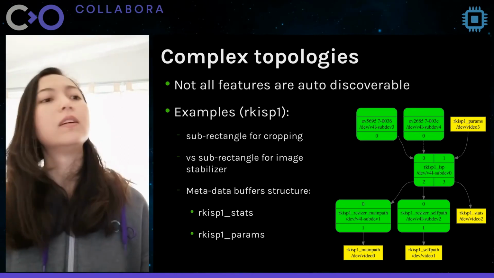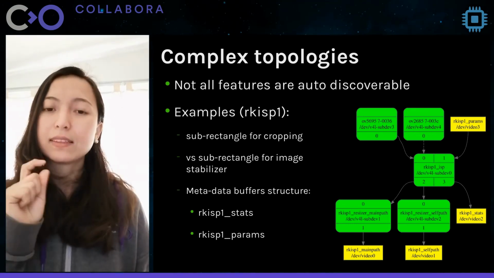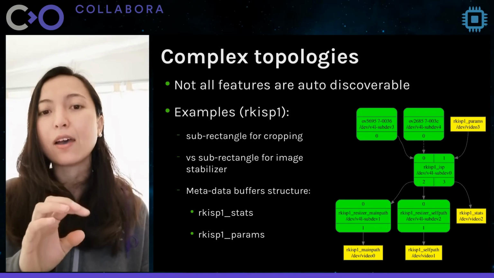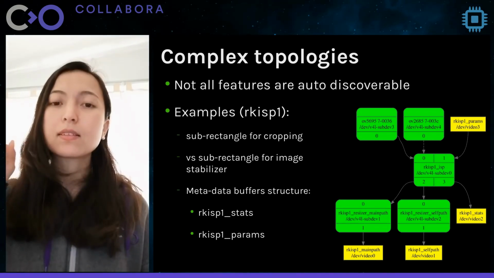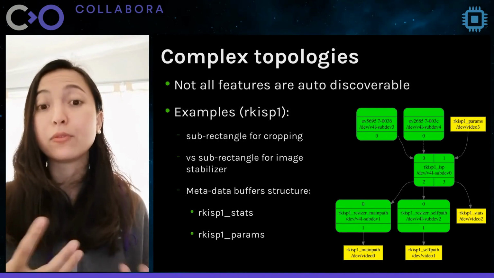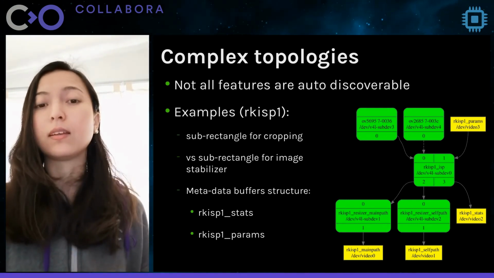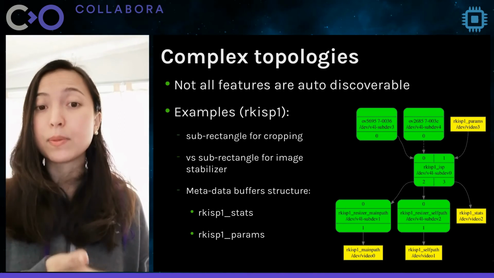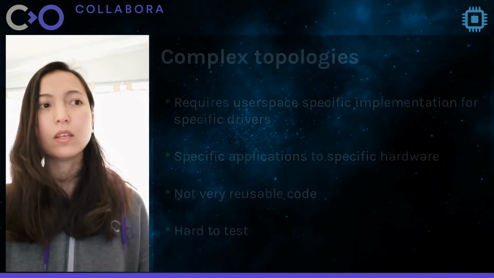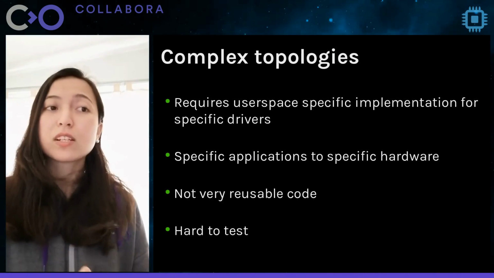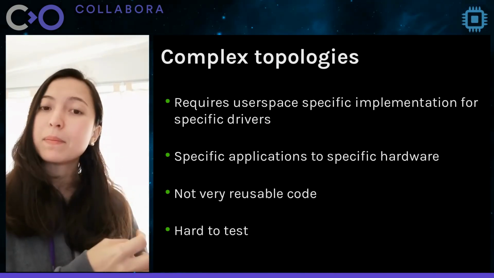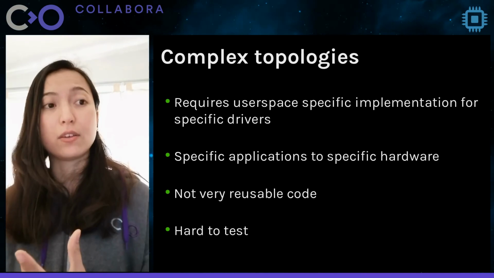Also, the metadata buffer structures that we have in the statistics and also in parameters are usually in some kind of format that is very specific to the driver. This means that it requires userspace to have specific implementations for specific drivers.